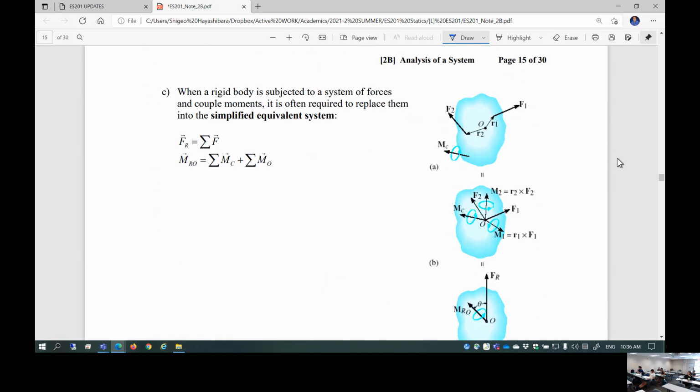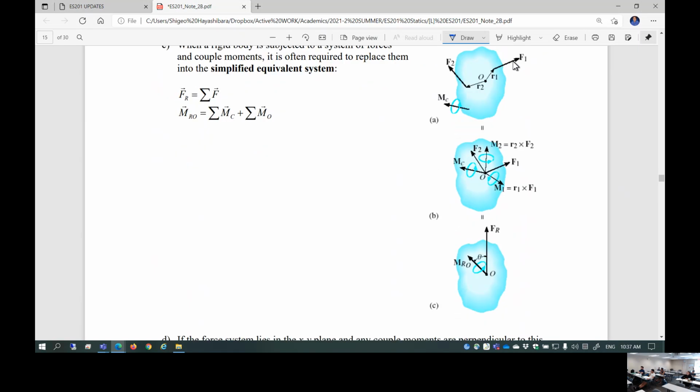Okay. So in general, suppose the rigid body is subjected to a system of multiple forces, such as F1, F2 applied here. So from point O, you have a position vector R1, R2 for the point of application of each force F1, F2, and also you have a couple moment here.